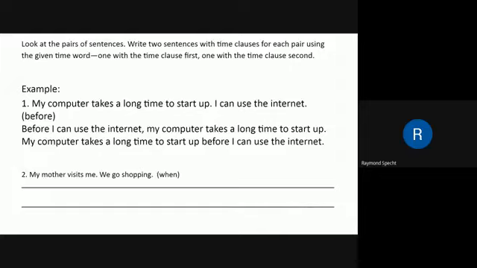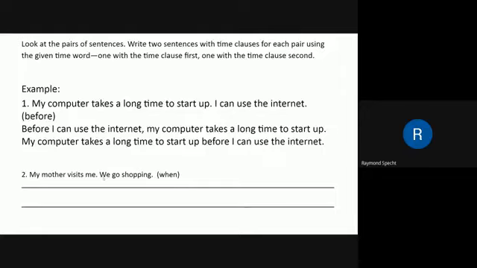What did I try to do? I tried to use the sentences just like they are here, and then I tried to stick the when right here. And it doesn't make any sense. Listen, my mother visits me when we go shopping? No. We would need to change it around and start like this.